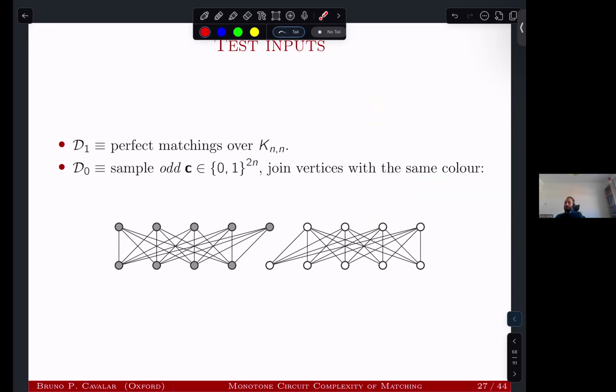Yeah. So the reason is because we were only able to show a lower bound. You are considering this distribution D0, and this distribution D0 is all about the randomness being on the vertices. You're sampling a color for each vertex, and an edge is present if and only if the endpoints, the end vertices, are colored with the same color.